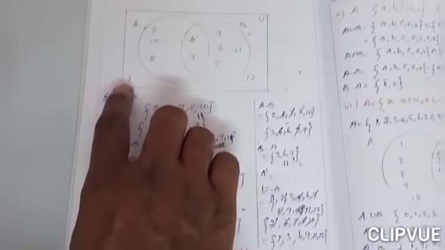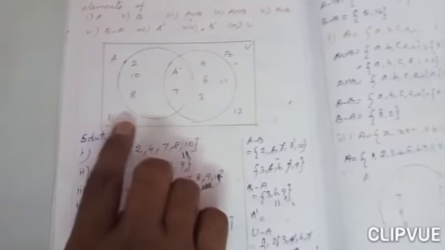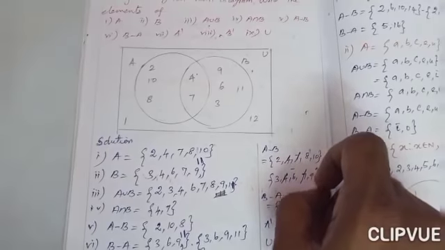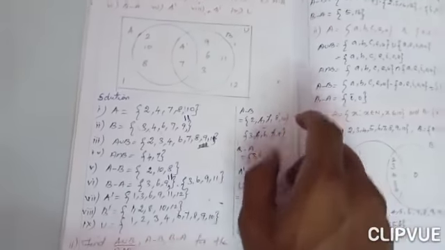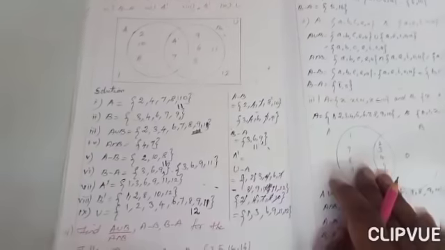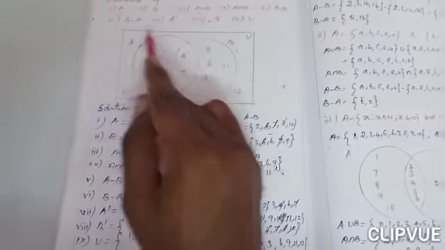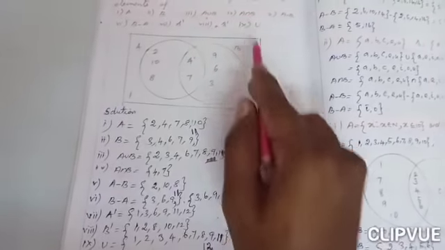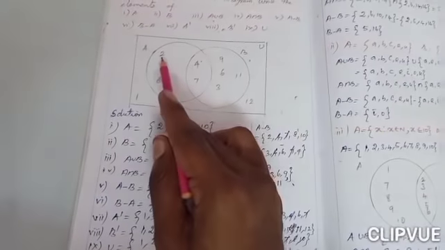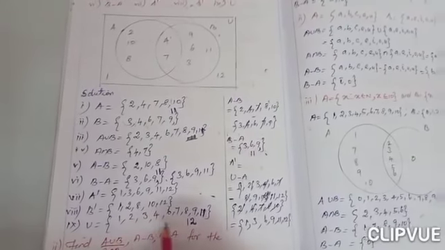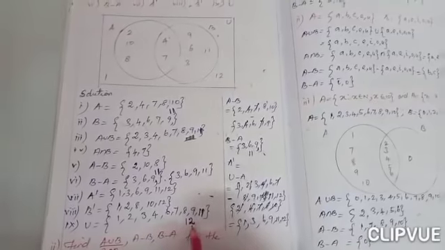What are the numbers we have in the rectangle box? We have to take all the elements inside the rectangle box: 1, 2, 3, 4, 6, 7, 8, 9, 10, 11 and 12. That's what is written here.